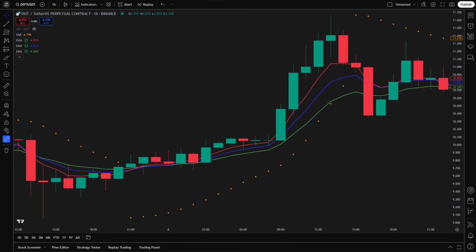Now that we understand the key indicators in our strategy, let's dive into how we can apply them to analyze trends and generate trading signals.